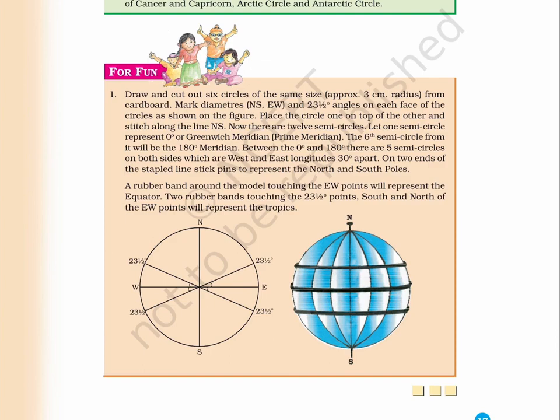Let one semicircle represent 0 degree or Greenwich meridian, that is, prime meridian. The 6th semicircle from it will be the 180 degrees meridian. Between the 0 degree and 180 degrees, there are 5 semicircles on both sides, which are west and east longitudes 30 degrees apart.